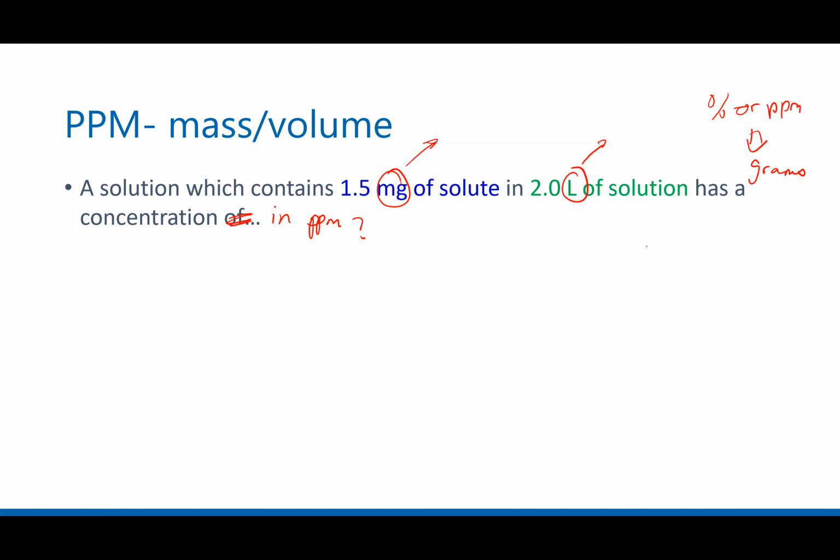So just remember, this has some unit conversion tricks in here. One thing is that 1,000 milligrams is equal to 1 gram. So to convert milligrams to grams, we would divide by 1,000.